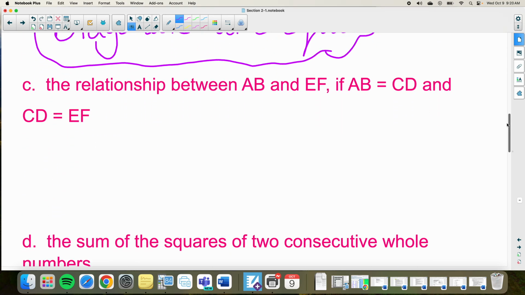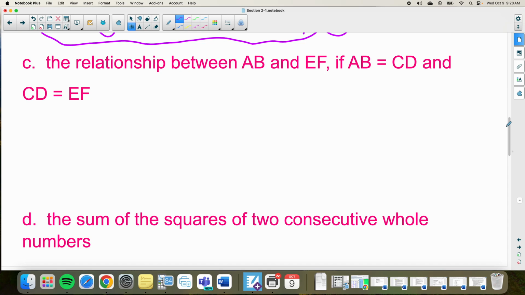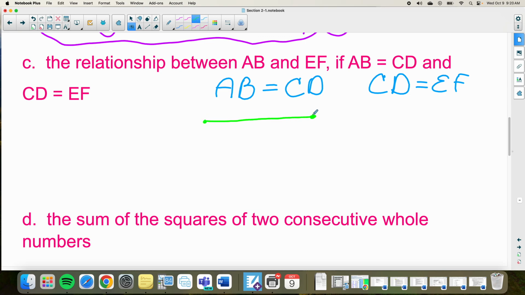Okay, then it says the relationship between AB and EF if AB equals CD and CD equals EF. So they're telling us AB equals CD and CD equals EF. If I drew that out, let's say this is AB, this is CD, and then I also need EF. Okay?